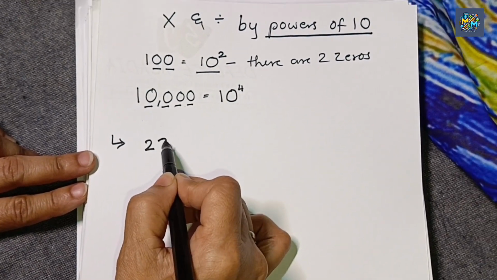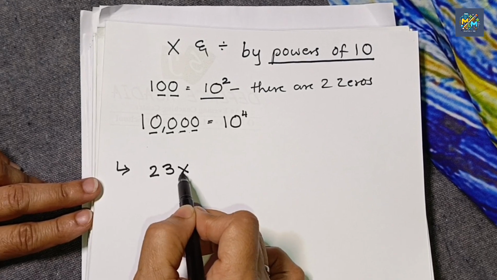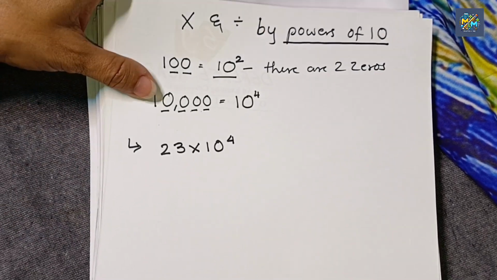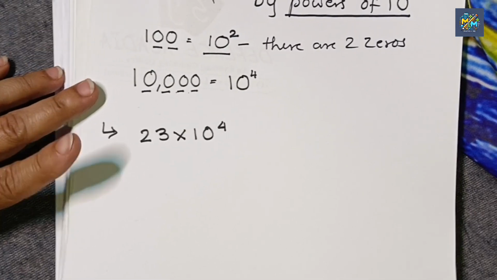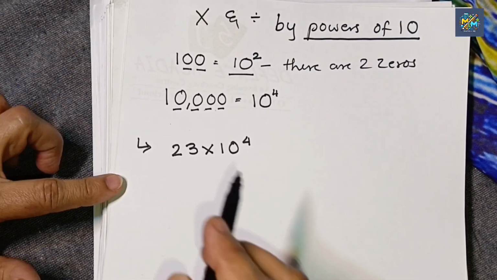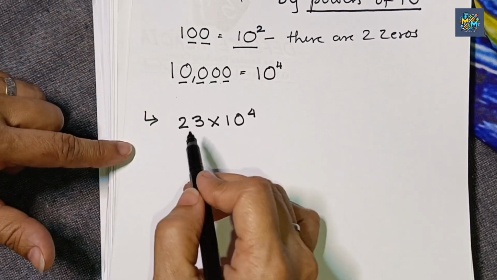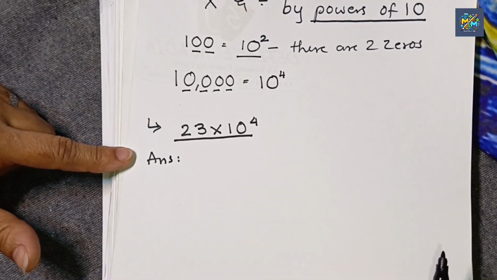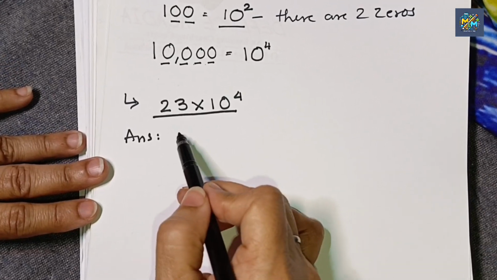So this is 23 multiplied by 10 raised to 4. Let's assume there is this type of sum: work out the answer to each of the following. So this is a question and we have to work out the answer. What will be my step over here?